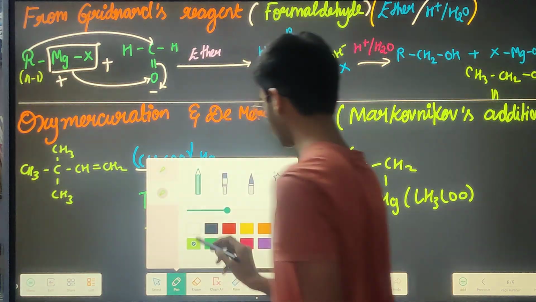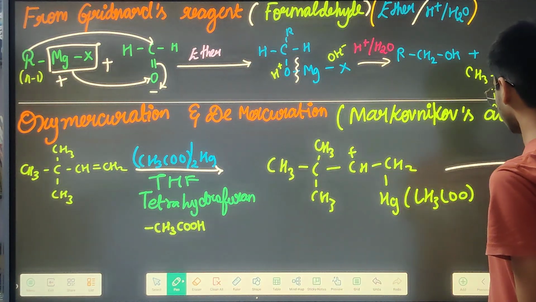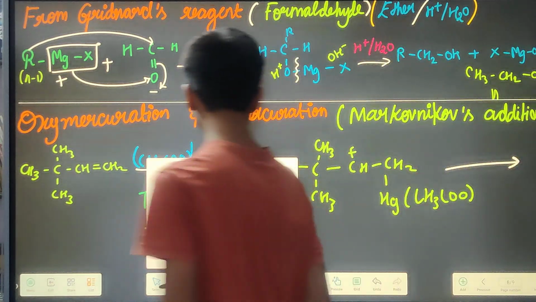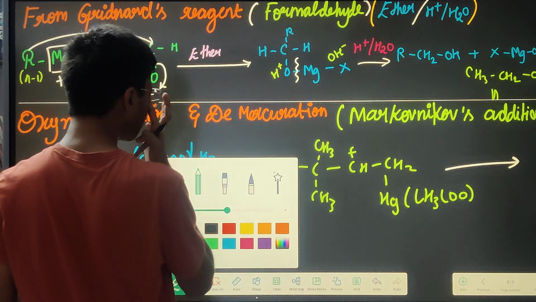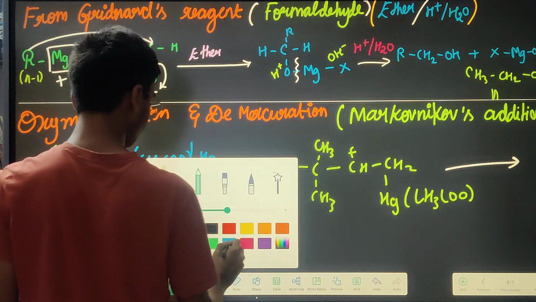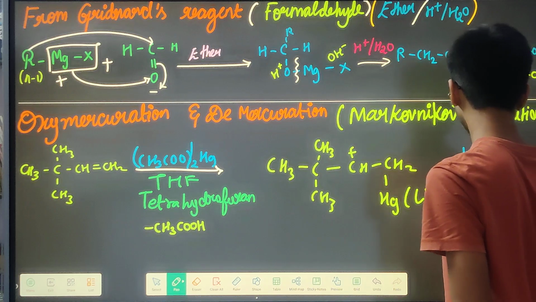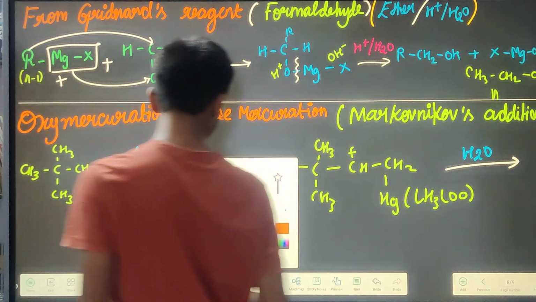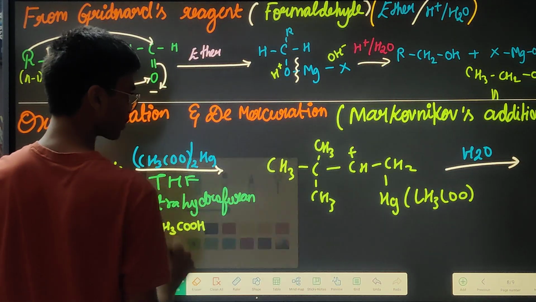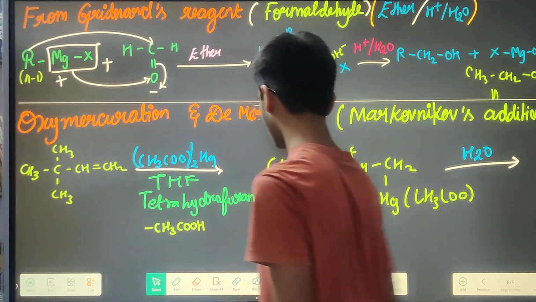Then after this you have to give water to it. Why are you giving water to it? Now you are actually demercurating it. So you can demercurate it by adding water. So that means, now we are going to have a compound like this.